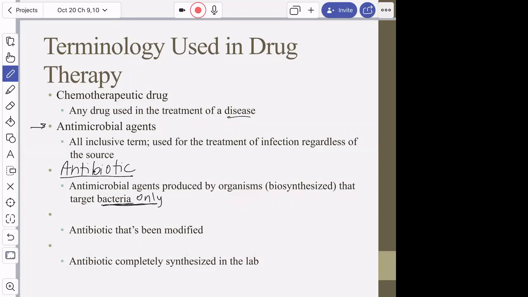And then, let me get my words straight here. A semi-synthetic drug is an antibiotic that's been modified a little bit. So I know that term is a little confusing.